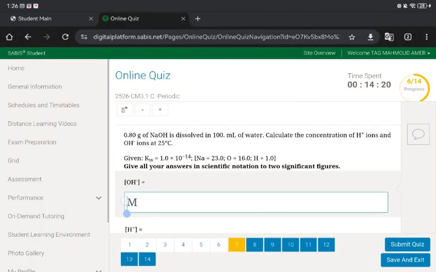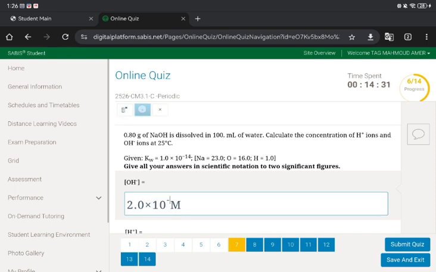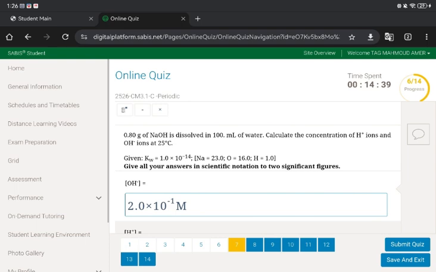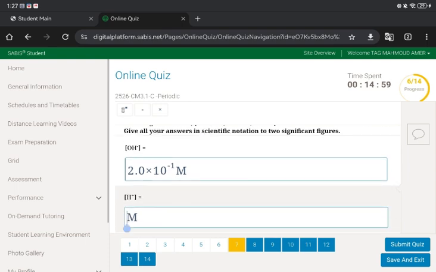So the concentration is 0.2, 2.0 times 10 to the power of negative 1. And then you do 10 to the negative 14 divided by 0.2, which gives 5 times 10 to the negative 14.